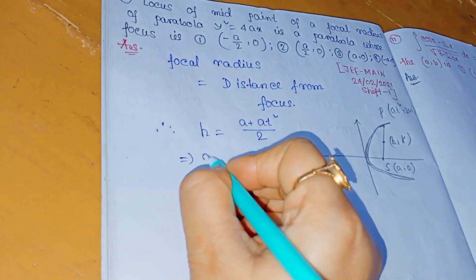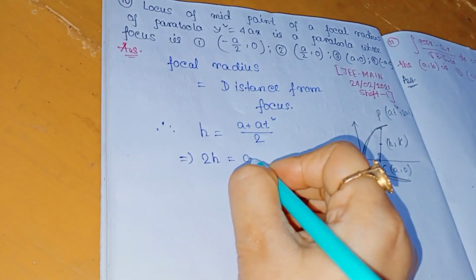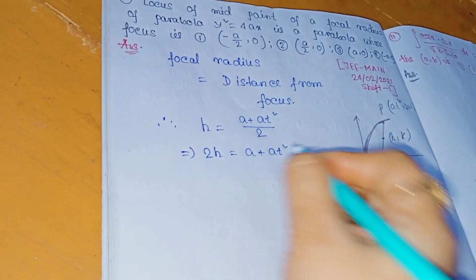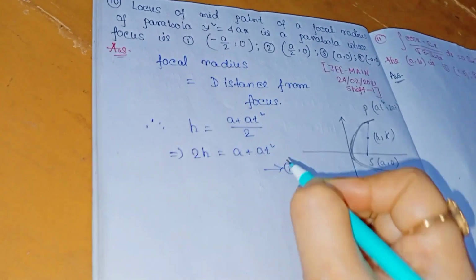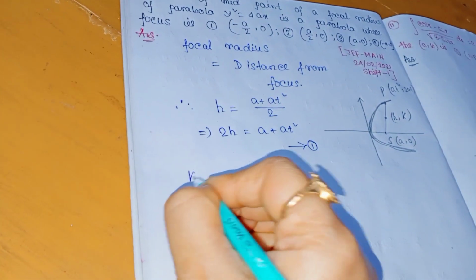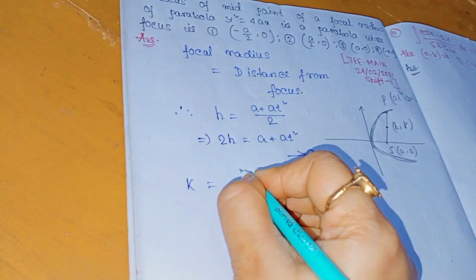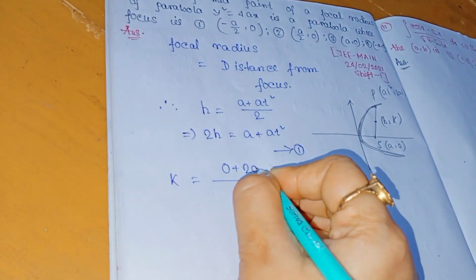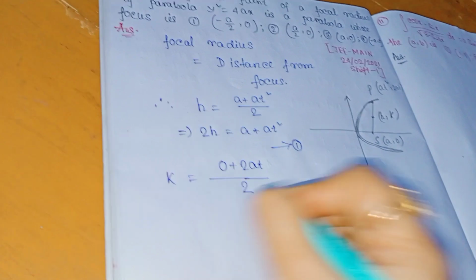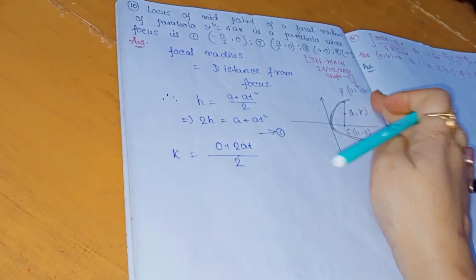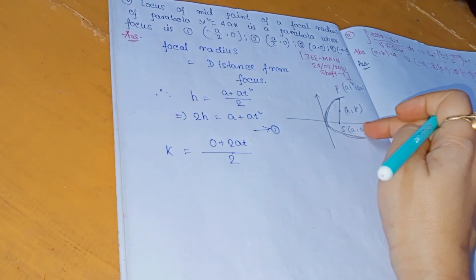That implies 2h is equal to a plus at squared. This is equation 1. Now k is equal to 0 plus 2at by 2.